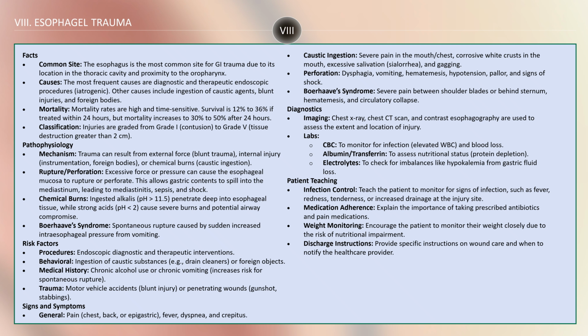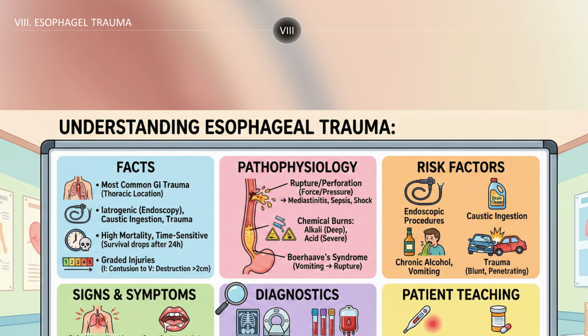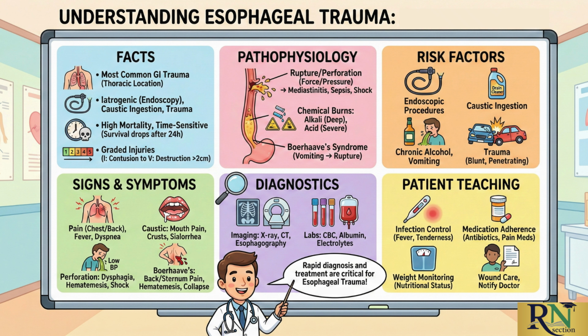Let's go to the next slide where we have the nice picture. We have the factors we said already, the grading here, 1 to 5. The pathophysiology, like how is the rupture, it shows nice pictures here.